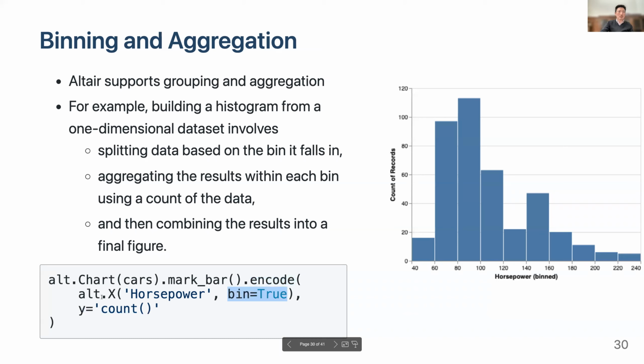So you have to spell out the X and map it to the horsepower, and then bin equal to true. Here, it only says I want to do binning of the values based on the X-axis. I didn't say how many bins I want, or the width of each bin, etc. These are all done automatically, which you can set later on.